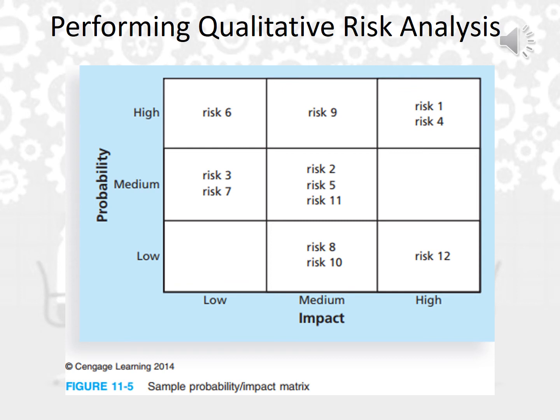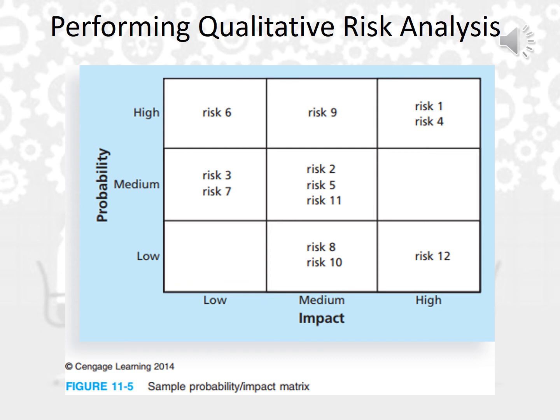So risk 1 and risk 4 need more potential attention from the developer team. While if we look at risk number 9, although it is high in probability, it is still medium in impact. And risk number 6 is high in probability but low in impact.